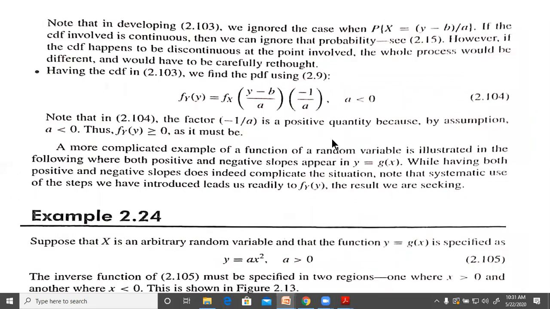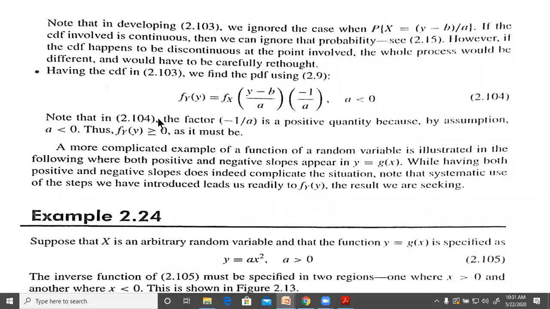So now when we want to find the PDF of the variable Y, where Y is equal to g of X, then we'll get f_X of (y minus b) by a, and because the slope is negative, we'll get minus 1 by a, whereas a is less than 0.